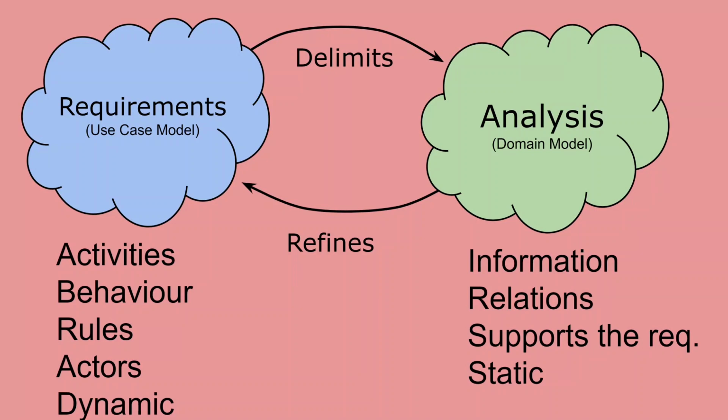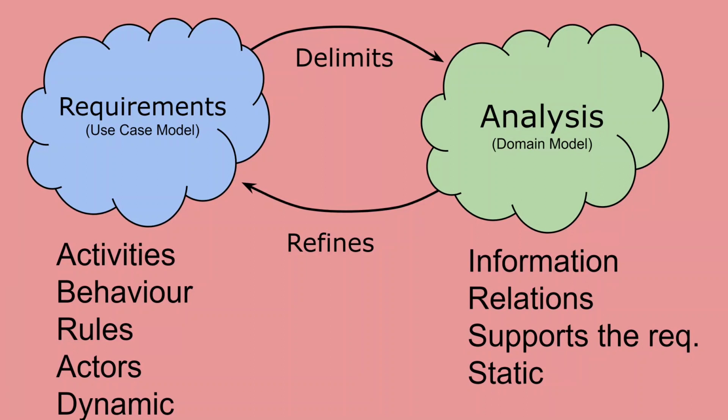The domain model, as it's a class diagram, is static in nature, so it does not really show time. It rather shows the information that is needed and the relationships between these blocks of information, these conceptual classes, to support the requirements so that we can do the things that we need to do in the requirements.